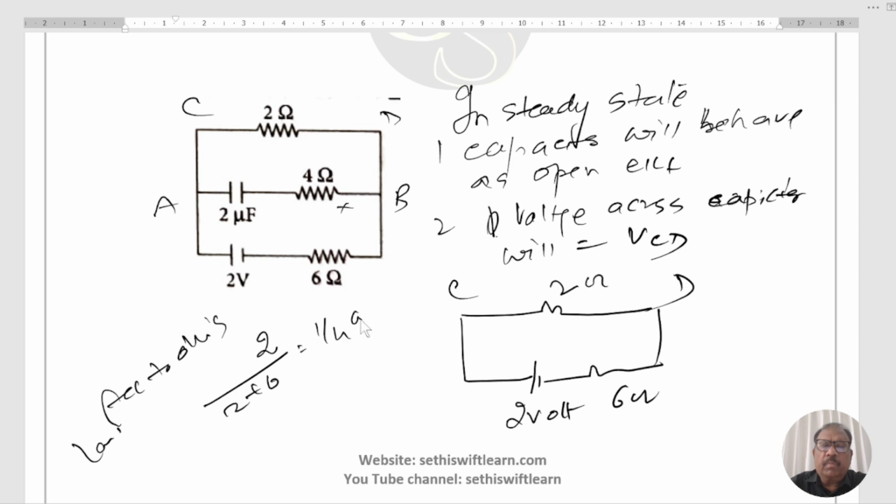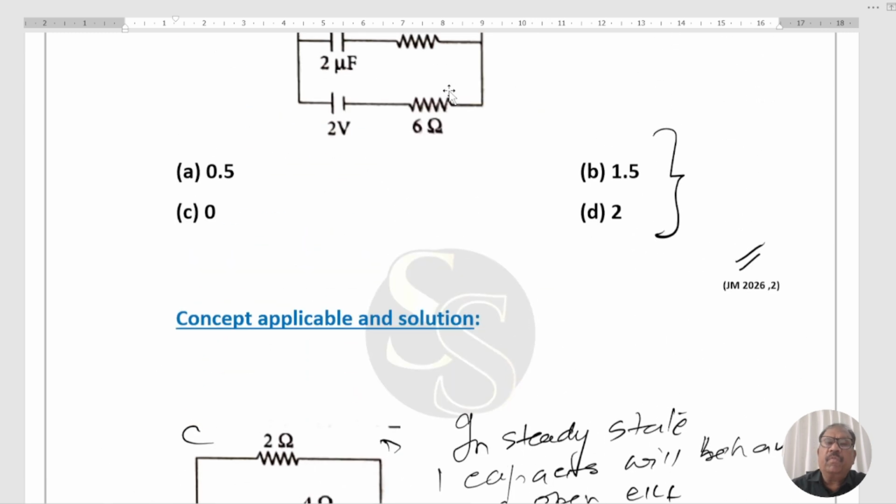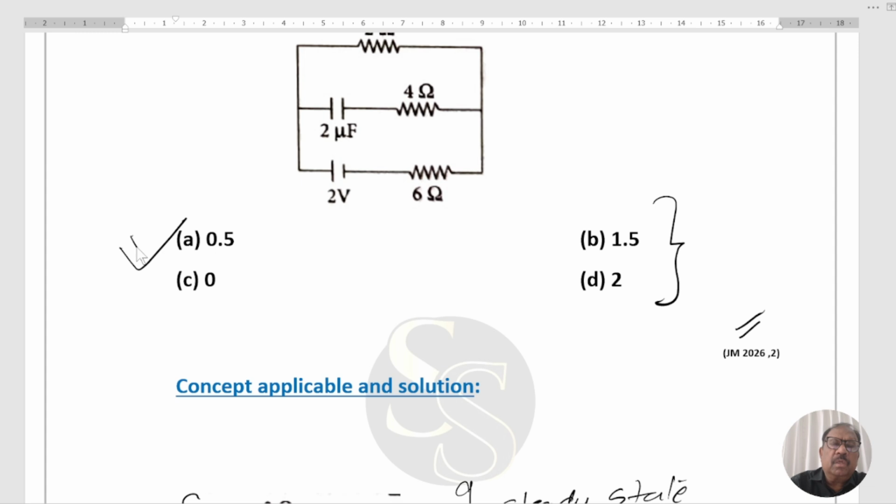That is 1 by 4 ampere. Therefore, V_CD will be equal to I into R, that is 1 by 4 into 2, that is 1 by 2, that is 0.5 volt. According to this, the voltage across the capacitor in steady state will be equal to V_CD, so that will be 0.5 volt. That is, A is the correct answer.